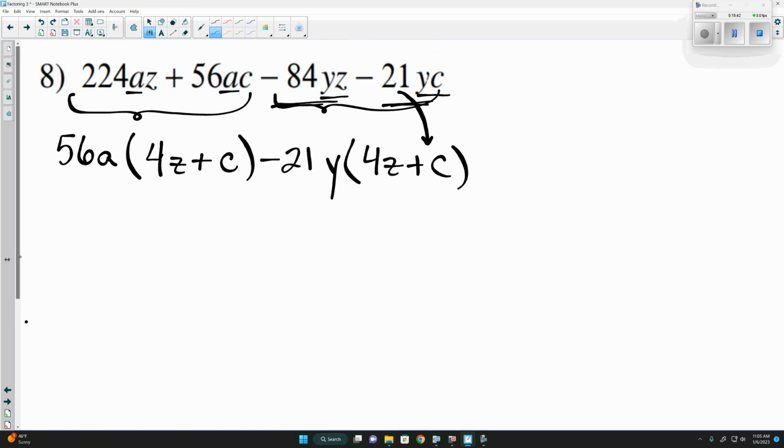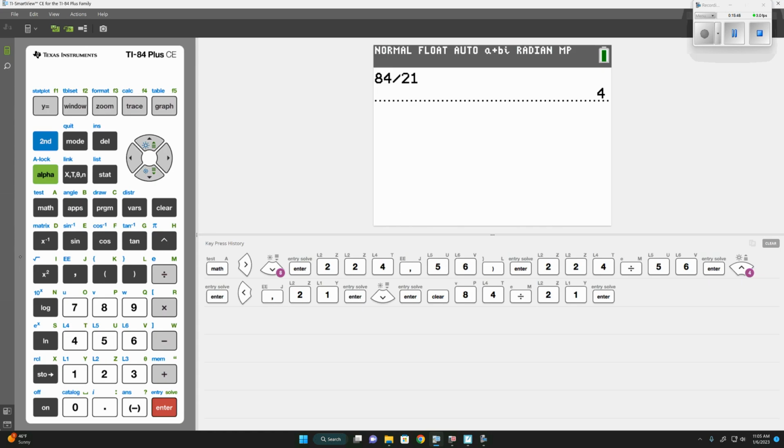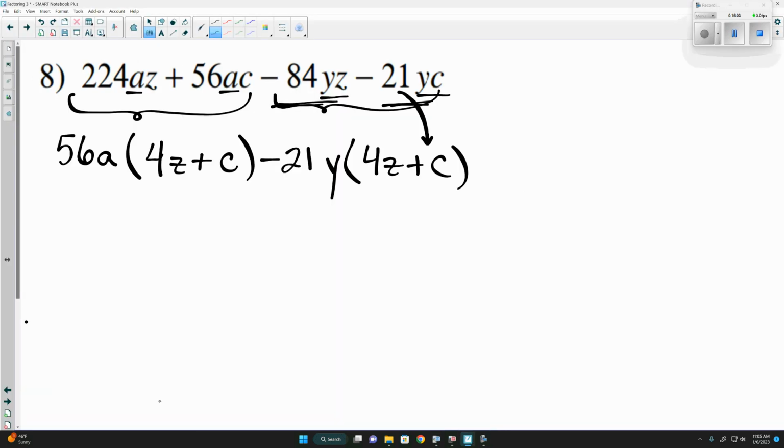If we used 84 as the greatest common factor, so 84 divides by 84 evenly, yes? So what's 21 divided by 84? So it would work, it just means on the other one we would need 0.25c instead of 1c. And that would work just fine, it's just if we can avoid decimals, we try to.